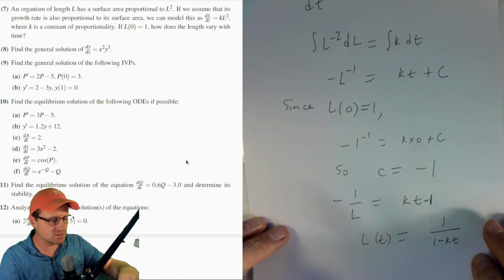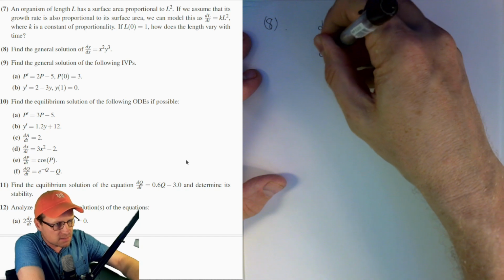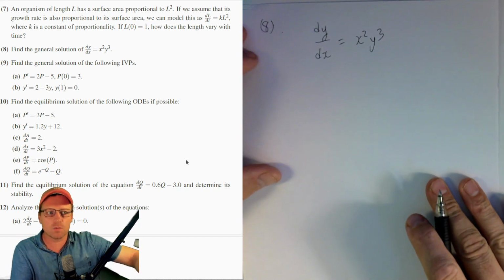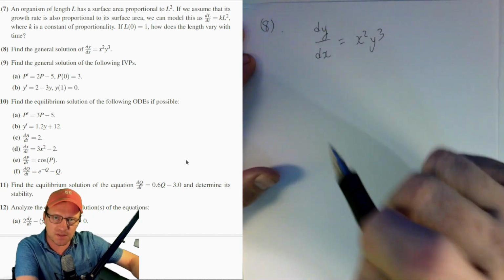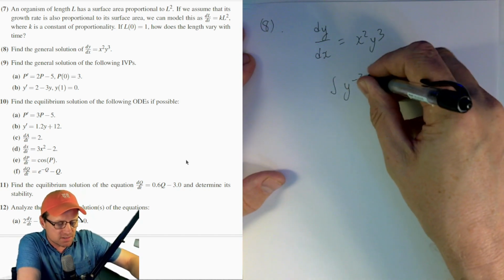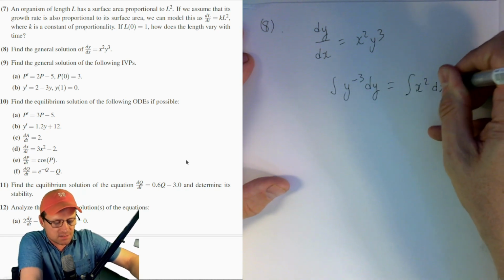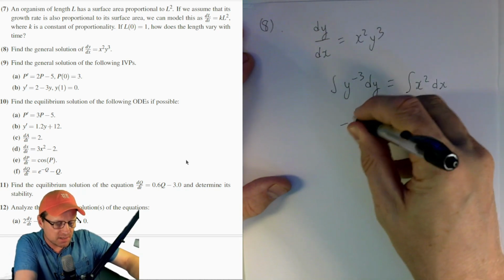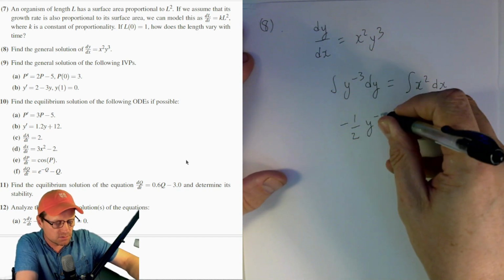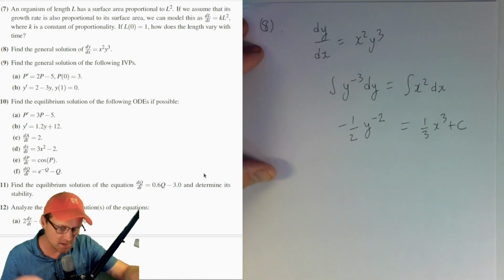Question 8 says find the general solution of dy/dx = x²y³. This equation is separable, so let's put the x with the x and the y with the y. So y^(-3) dy = x² dx. Integrating this, we have -1/2 y^(-2) = (1/3)x³ + c.